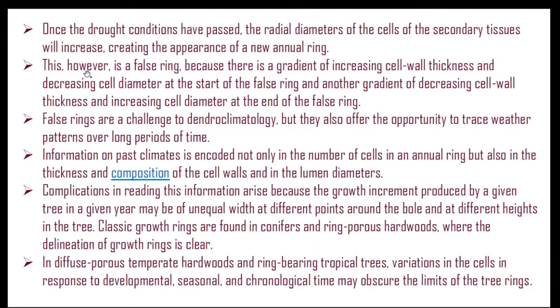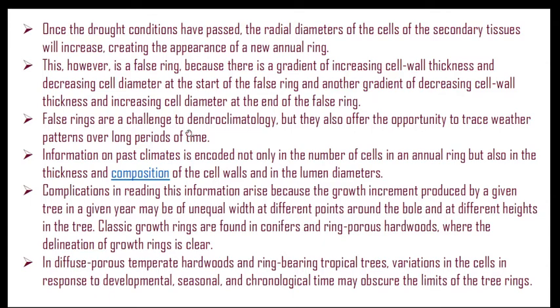This, however, is a false ring because there is a gradient of increasing cell wall thickening and decreasing cell diameter at the start of the false ring, and another gradient of decreasing cell wall thickening and increasing cell diameter at the end of the false ring.